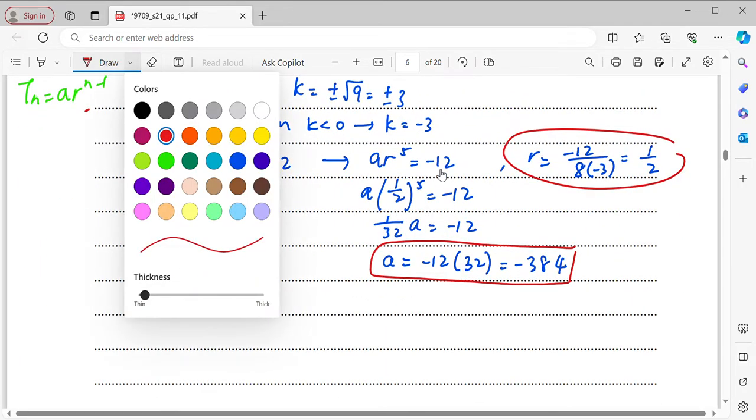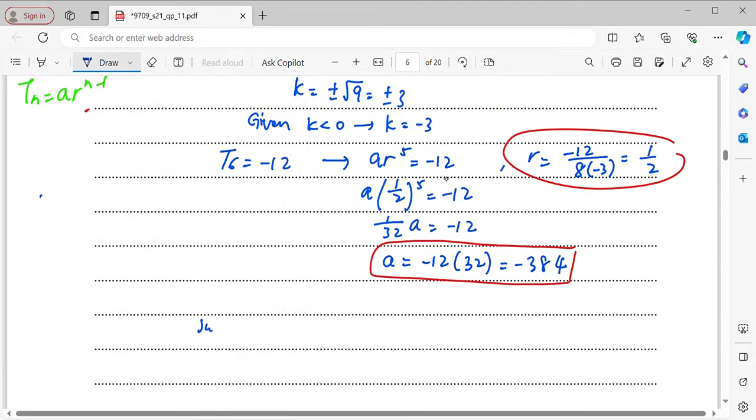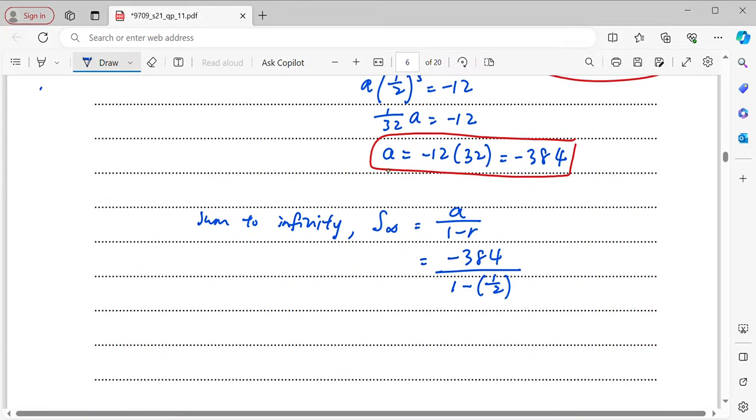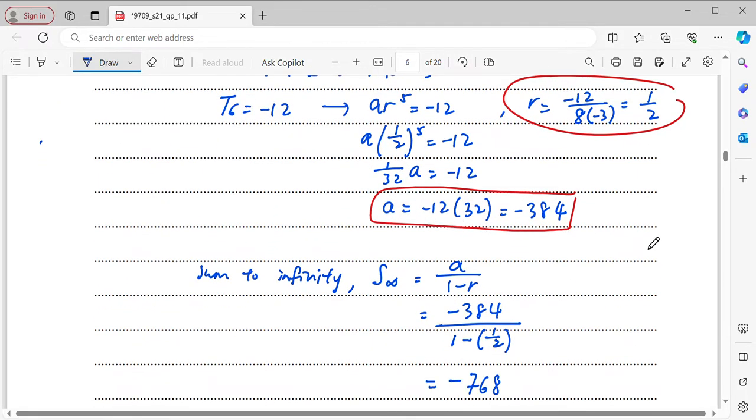So the sum to infinity S infinity is a over 1 minus r, where r is half and a is negative 384, divided by 1 minus half. At last you will get negative 768. So that is the solution of this question.